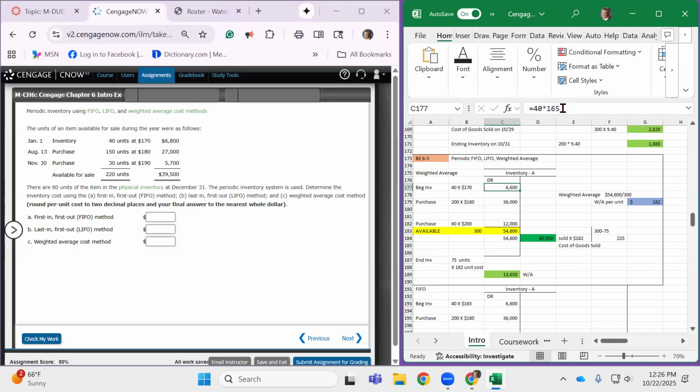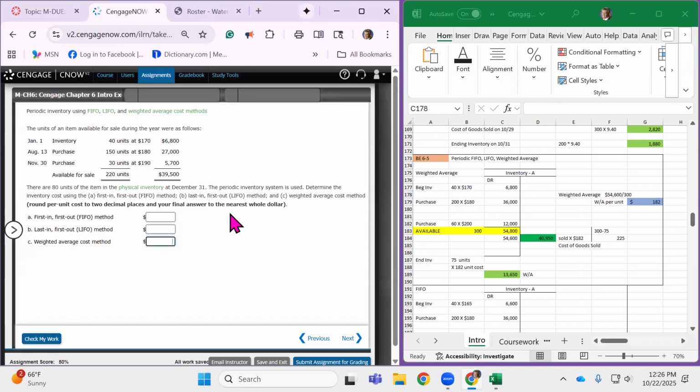40 times 170. So 6,800 is how much we have in the beginning inventory. I'm going to do weighted average first, down here in the bottom.